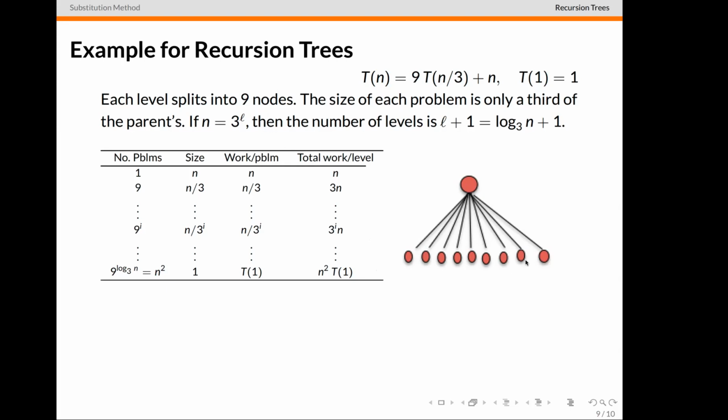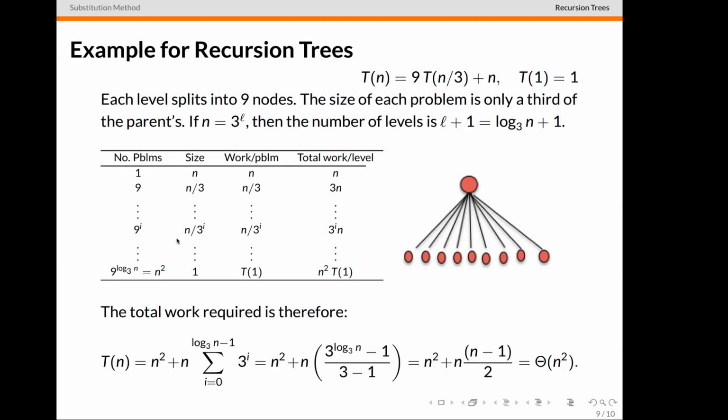When we have each one of size 1, it turns out we have n squared numbers. So we have to do the whole computation at the very end, which is at the leaves of the tree, n squared times.